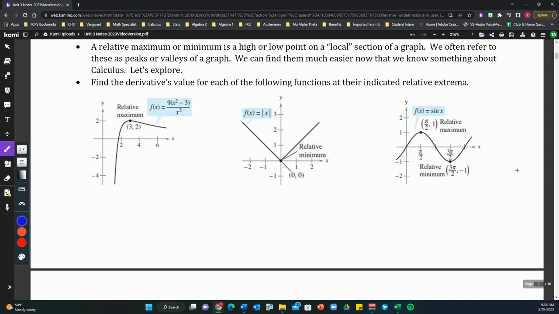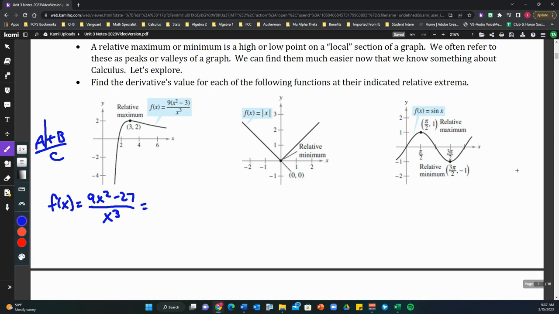Now, if you look at this, it looks like it's set up as a quotient, but if I were to distribute in the numerator, I get 9x squared minus 27. Now this has that form of (a + b) over c, where I have multiple terms in the numerator and one term in the denominator. So this allows me to split and reduce this fraction.